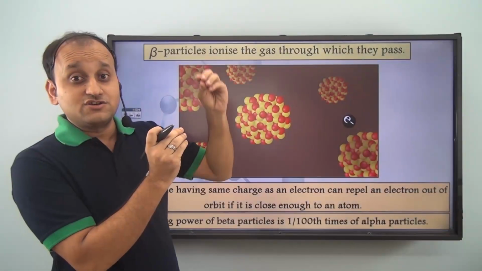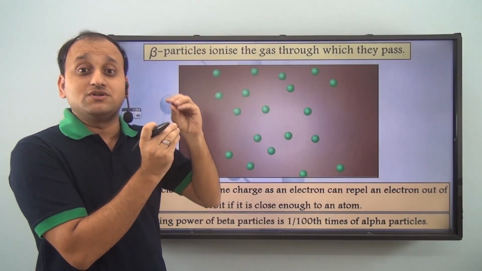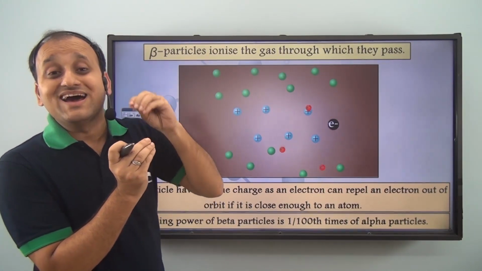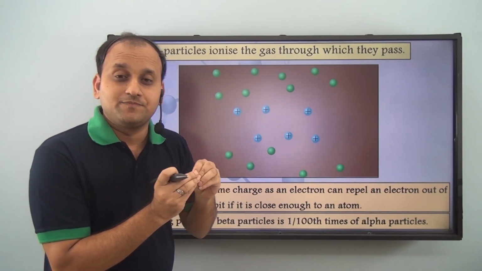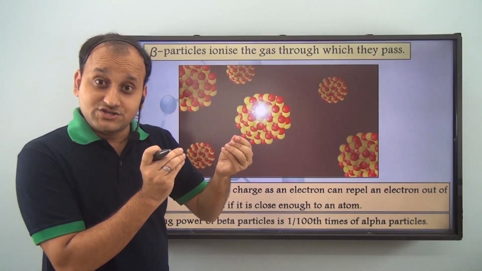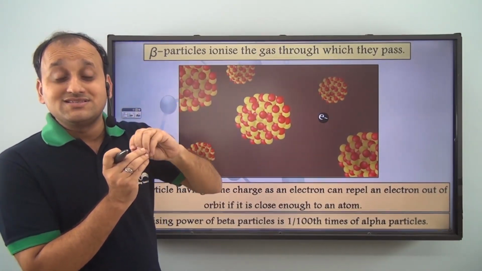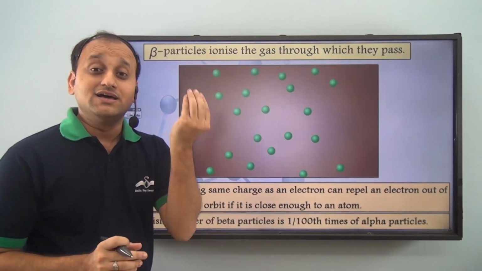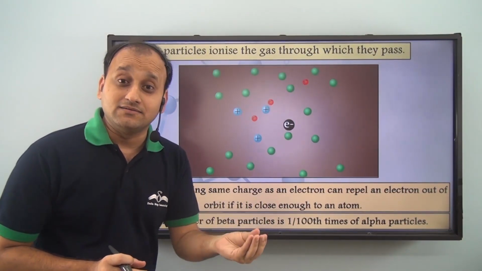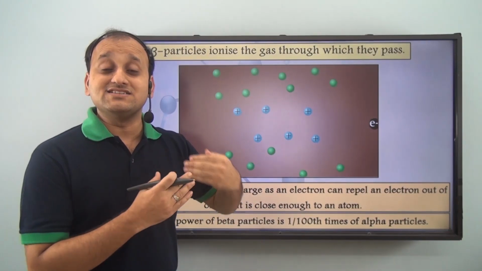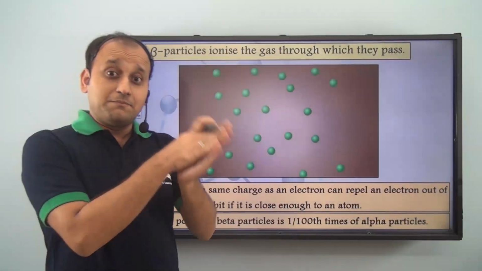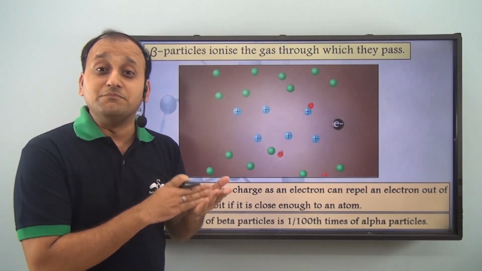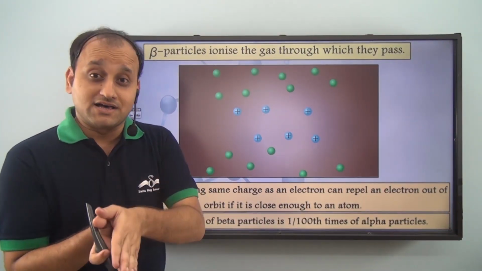Wherever the particles of the medium are very close to the beta particle, the electrons are repelled by it, and when the repulsion is very strong, electrons are repelled out of their orbit, and as a result the atom becomes ionized, that is positively charged. So beta particles positively charge the particles of the medium through which they pass.